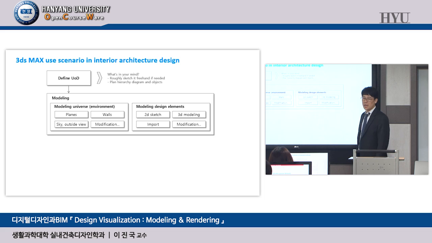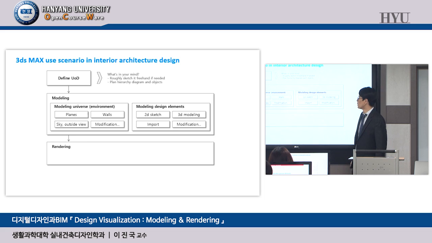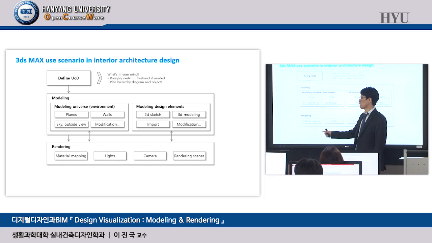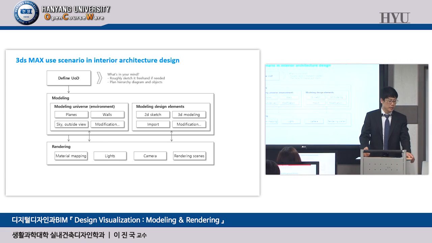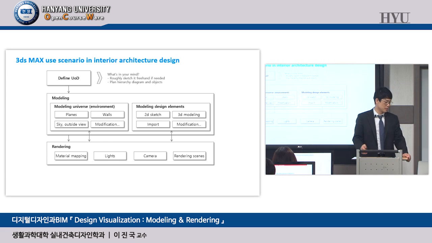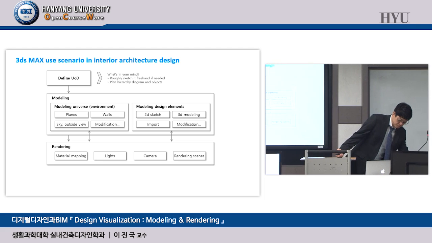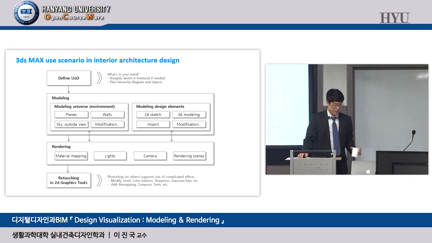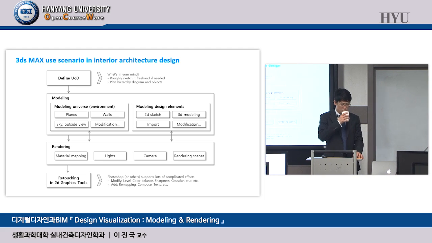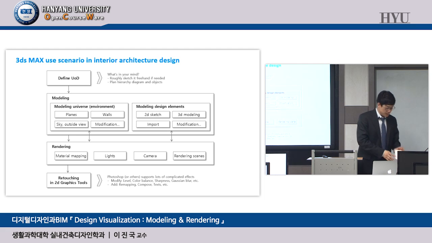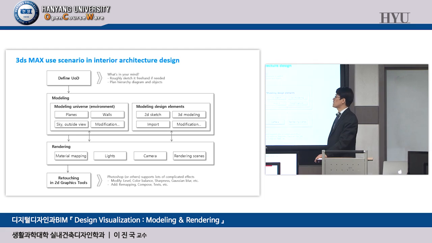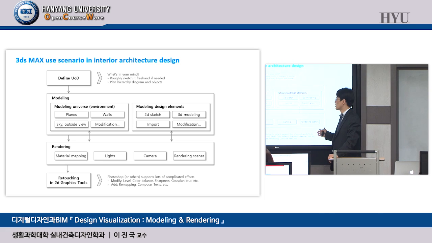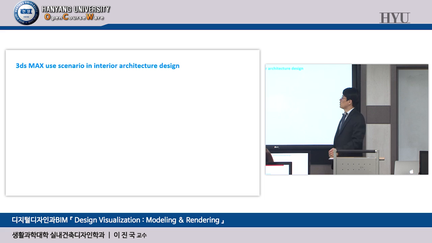And time-consuming modification. On the rendering, lots of things to take care of: material, lights, camera, and some rendering techniques, okay? And retouching in a 2D graphics tool, Photoshop or other tools, to maximize your visualization, your visual meaning for design.